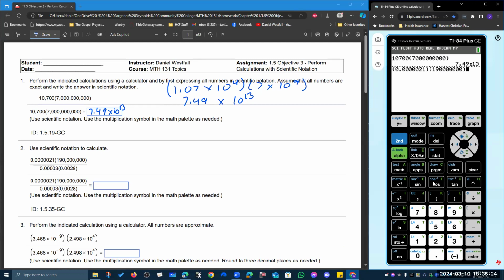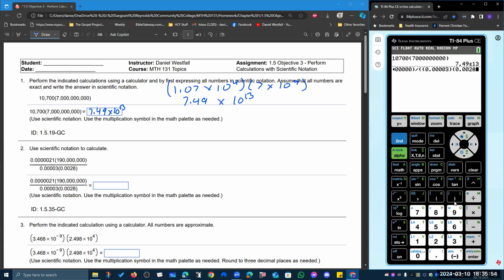All right. And then that gets divided by, and in the denominator, I have a big denominator here of 0.00003, 4 zeros, times 0.0028.